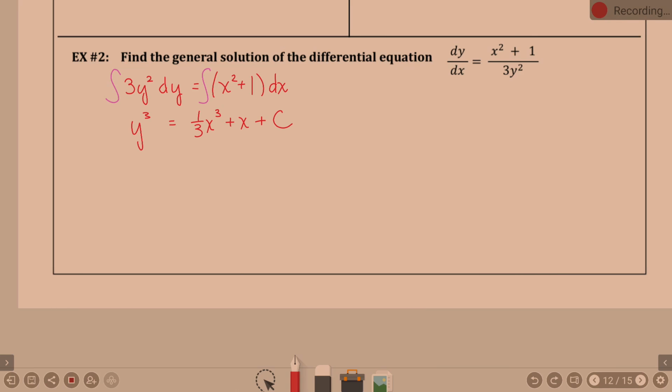Now, again, I have two options here. One option is if you solve this for y, you're going to have what? Cube root of all that jazz. No, you do not plus or minus. It's a good reminder question.